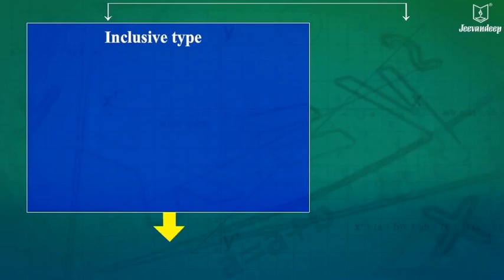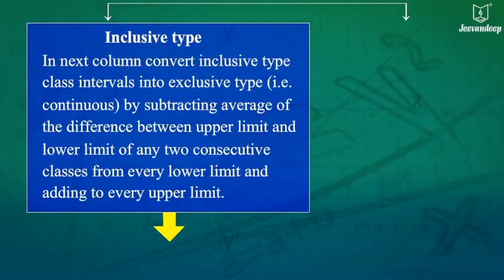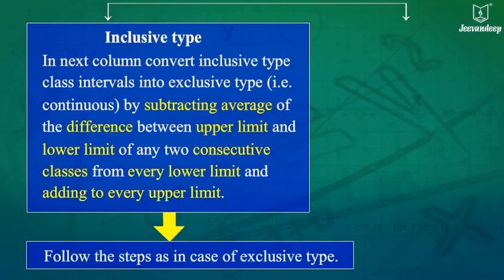In case of inclusive type, in the second column, convert inclusive type class intervals into exclusive type, that is continuous, by subtracting the average of the difference between upper limit and lower limit of any two consecutive classes from every lower limit and adding to every upper limit. Now, follow the steps as in case of exclusive type.